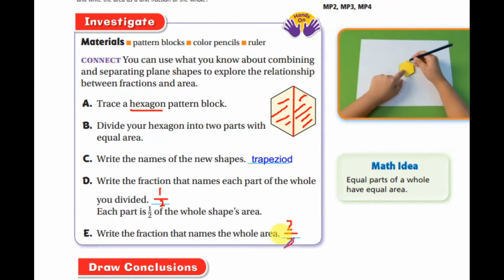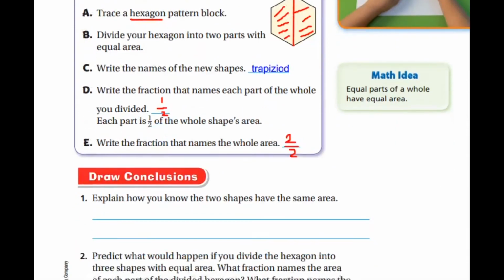We divided the shape into 2 parts in all, and this means the whole number, or the whole fraction, or the whole shape, or the whole area. So if I see the numerator is the same number as the denominator, this means the whole shape is colored, or it is a whole number.